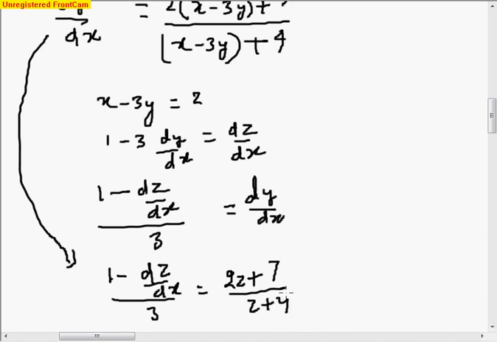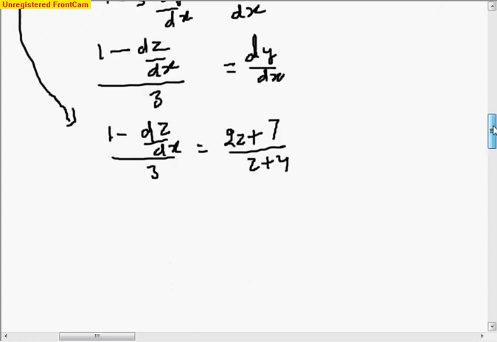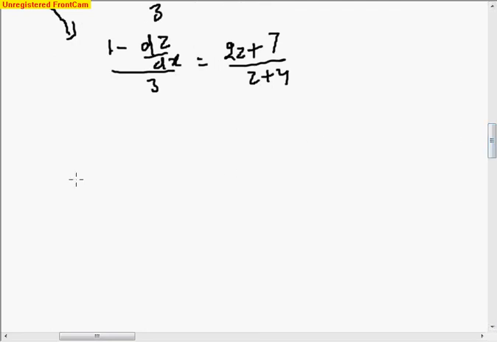I can solve it very easily. Just manipulate it, you will get this. You'll do some manipulation, finally you will get dz/dx = (-5z - 17)/(z + 4). I'm waiting, you do it.